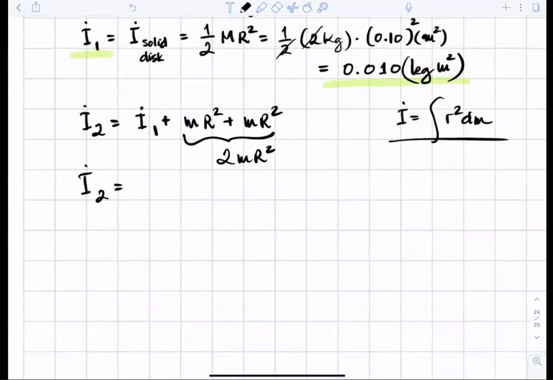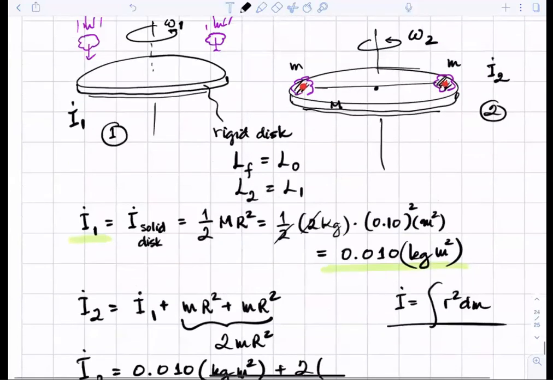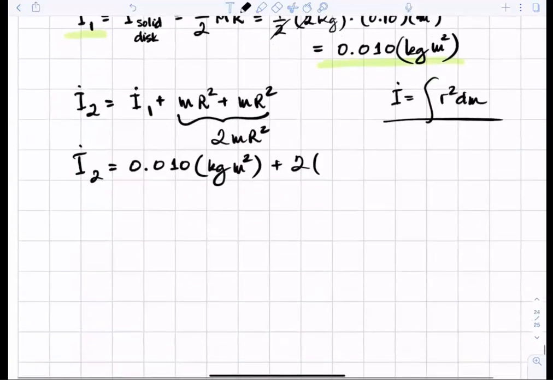Hence this becomes I1, 0.010 kilogram meter squared, plus 2 times 0.500 kilograms, these blocks were 500 grams, times the radius squared, same idea, the same radius, 0.10 meters, all squared.